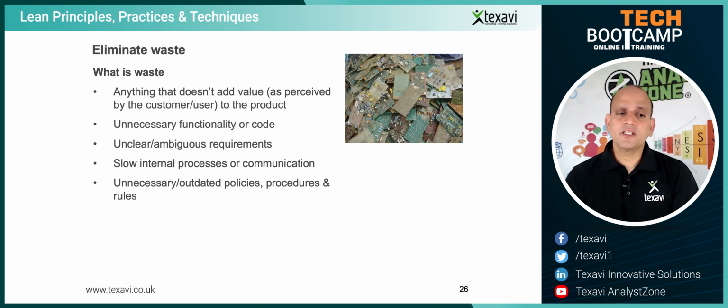Other sources of waste could be slow internal processes or communication within the team. That's why we have Scrum or Kanban, where you're having an update on a daily basis. In the daily Scrum, you're touching base with each other and trying to understand what each of us is doing.